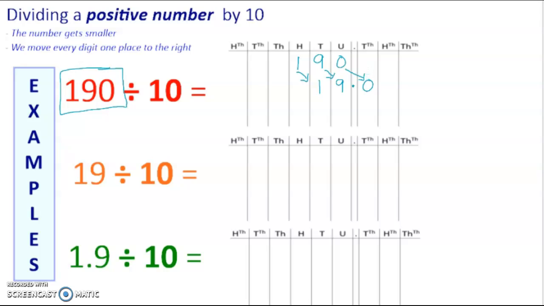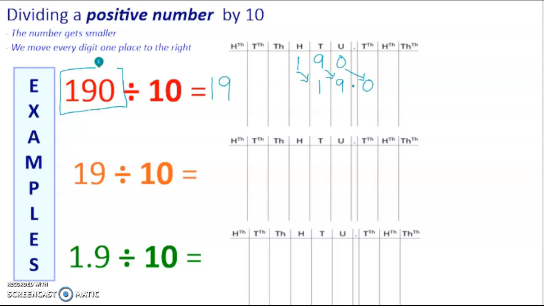So my answer is 19. And I can put 19.0, but really I just need to put 19. And what you might know from primary school is that when we are dividing by 10, we are making it 10 times smaller.